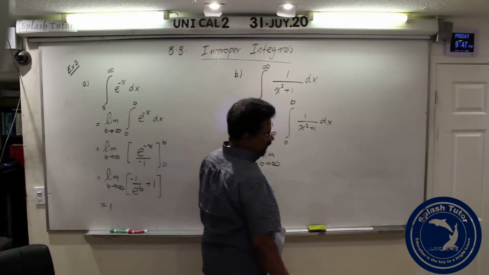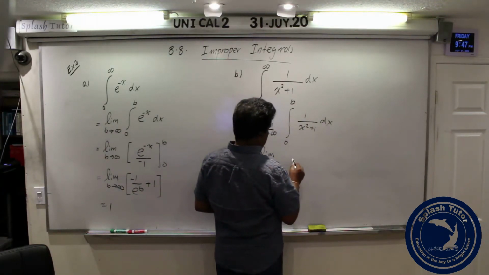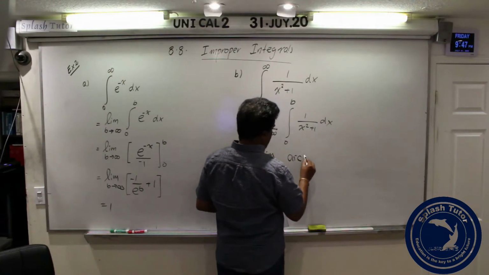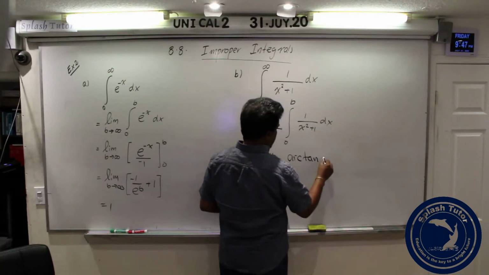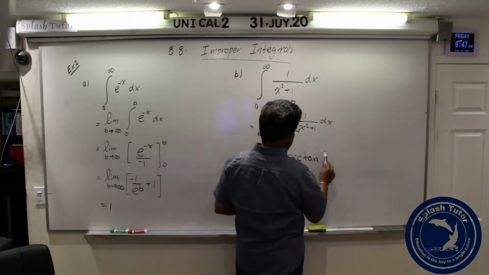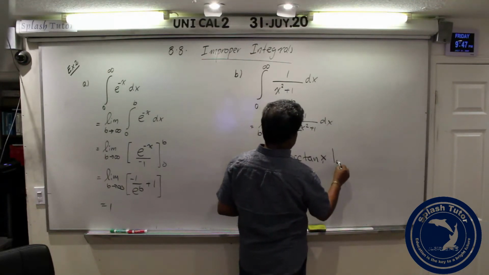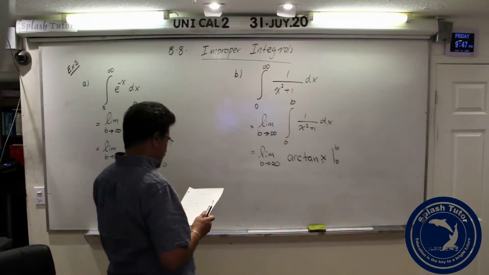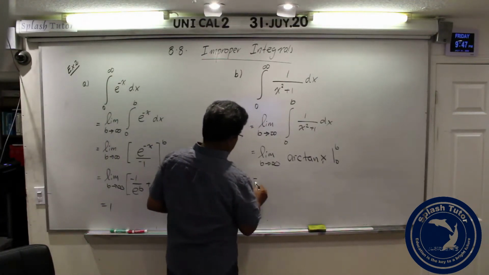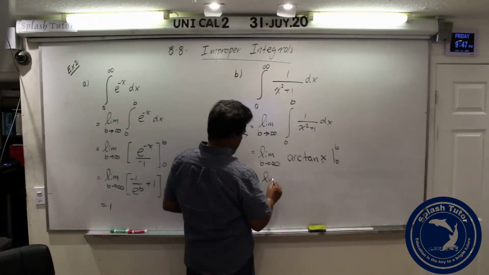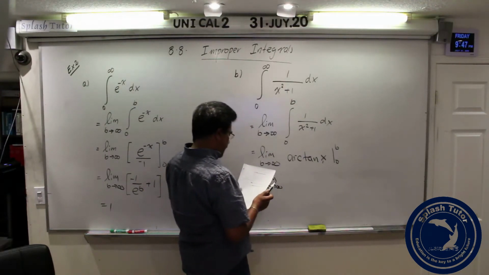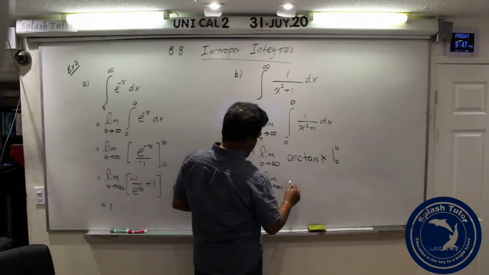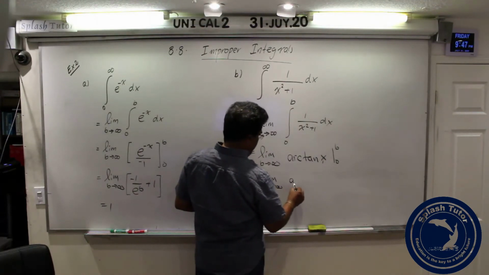That is arctan x from 0 to b, right? Arctan x from 0 to b. Now that is the limit as b goes to infinity, right? That is arctan b, because arctan 0 is 0.